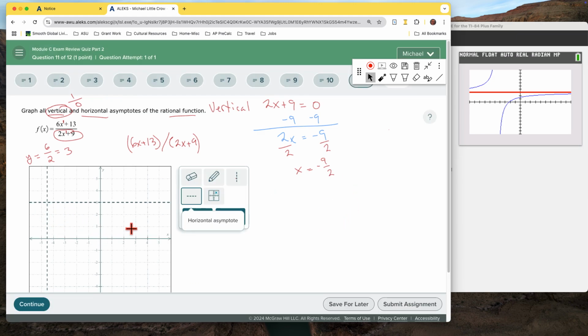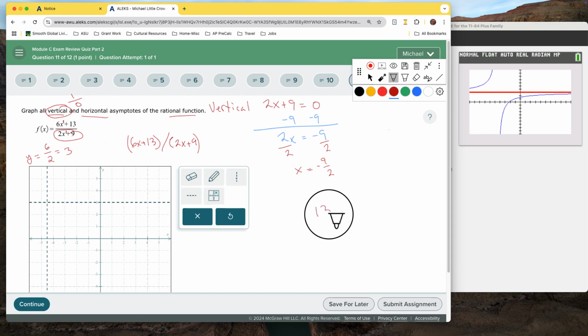Okay, so that's all there is to this. There is not another one. If we had a square in the denominator or something, maybe we'd get 2, but we don't. The other thing that could have happened, had this been given to us as just 13 over 2x plus 9, then notice the numerator, the top, its degree is smaller because it's really x to the 0.